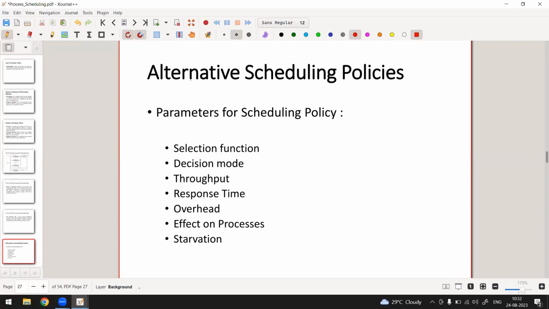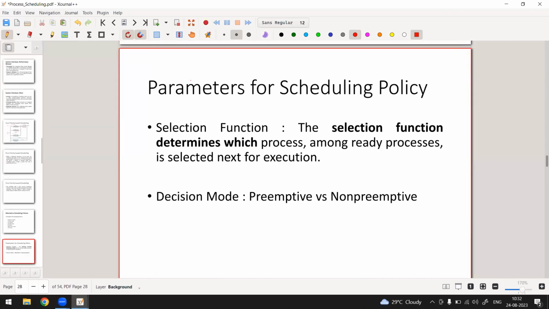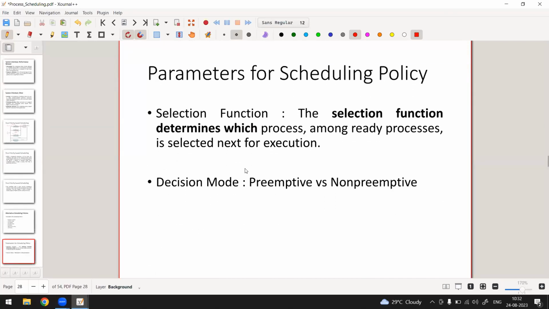Starvation should not happen. That is another parameter to consider. So let us see the decision mode, preemptive versus non-preemptive.